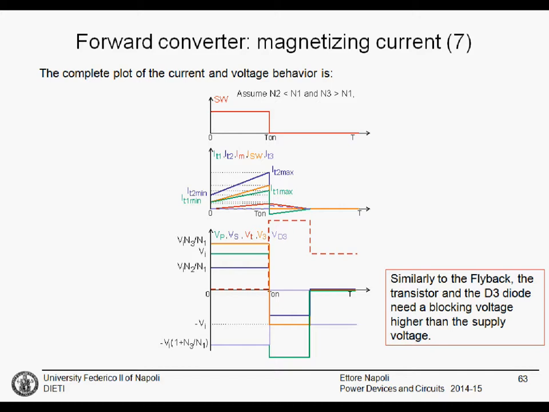It's not like the inductor current, where we impose that it is equal at the beginning and at the end of the switching period, and then we calculate the output voltage. In this case, we are not imposing anything, and it could happen that the current does not go to zero. We need then to impose that the current has enough time during the off phase to be reset to zero. We need time to discharge the transformer.